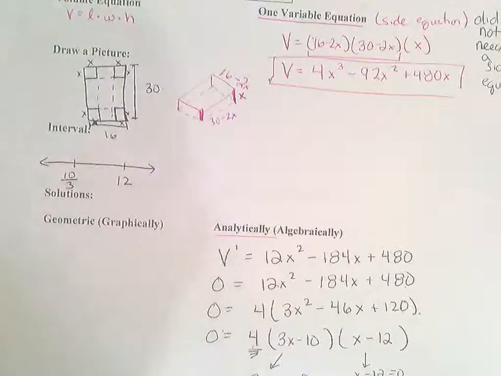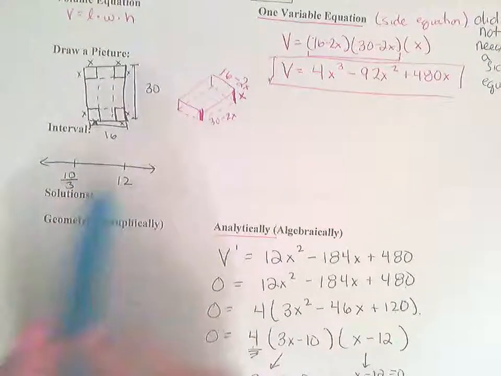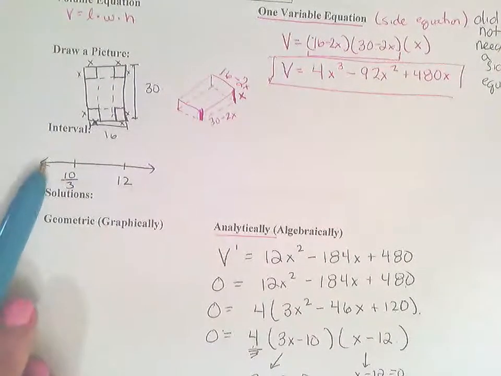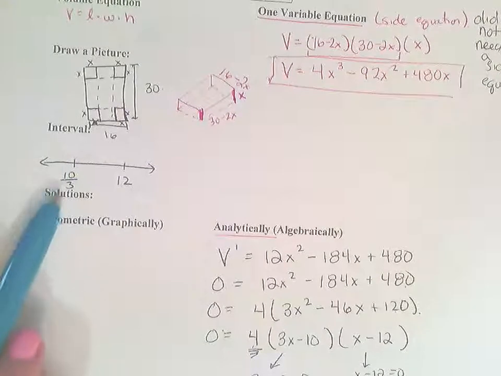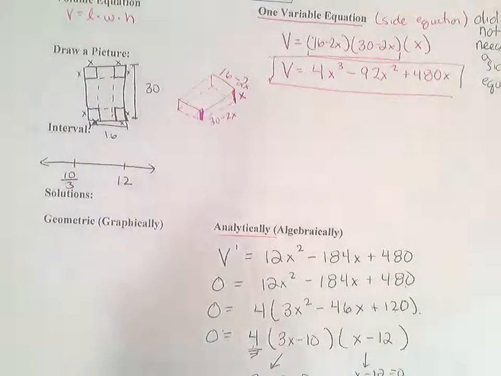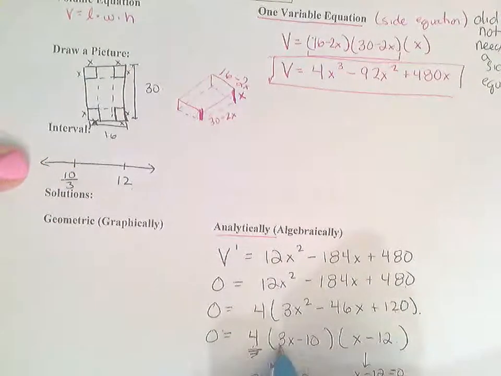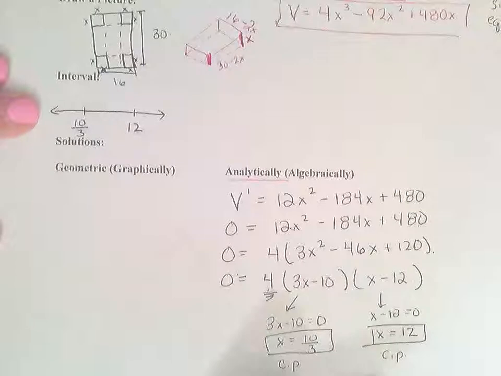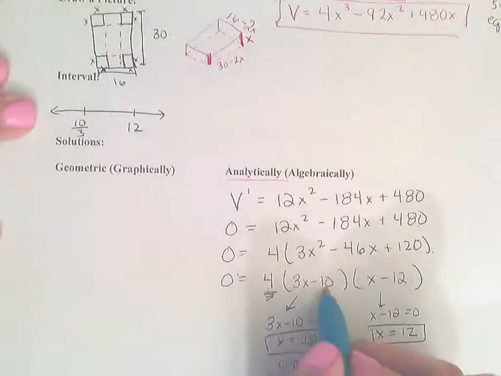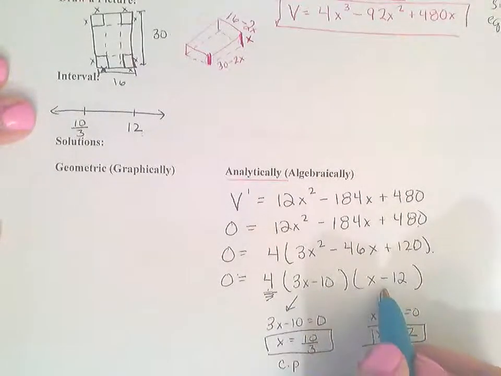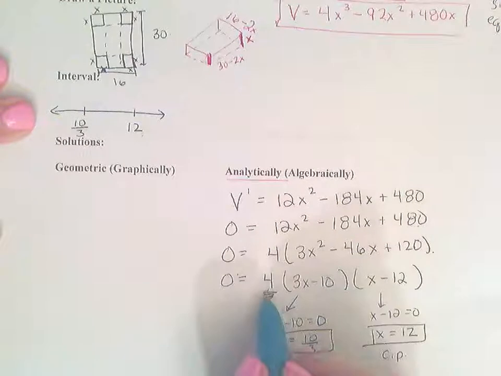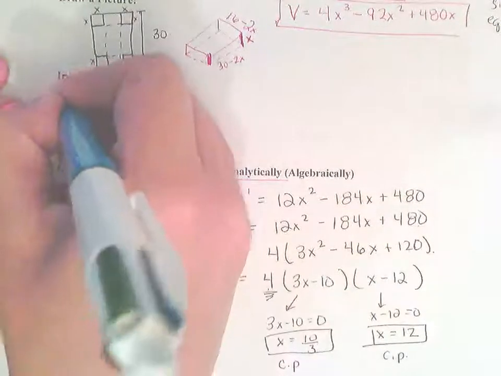And then remember, to find the max or min, I'm going to plug in some numbers. On this side, less than 10/3, so less than 3, let's say 0. If I plug 0 into the derivative, what do I get? This is negative 10 times negative 12 times a positive, so it's positive.